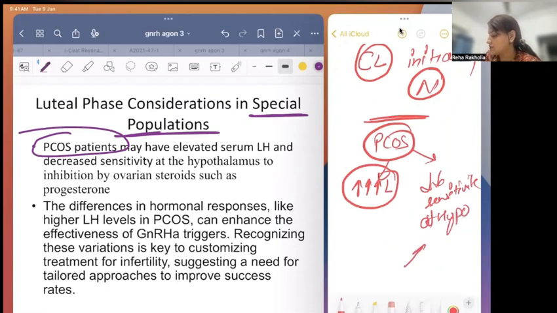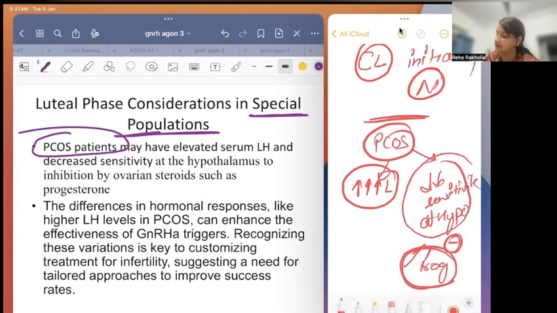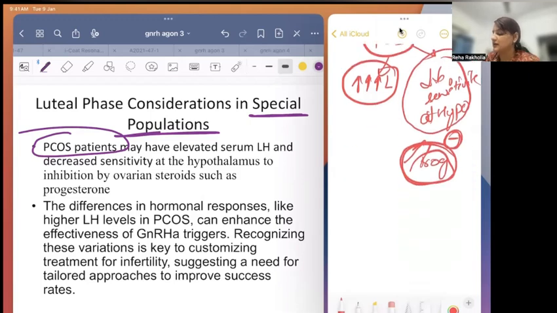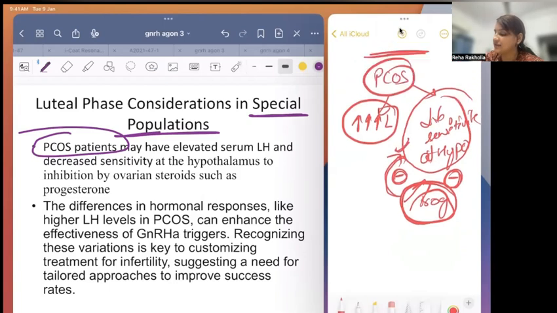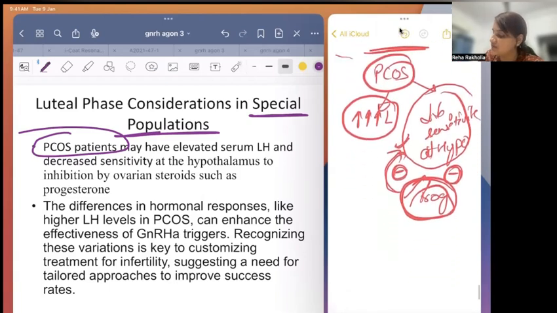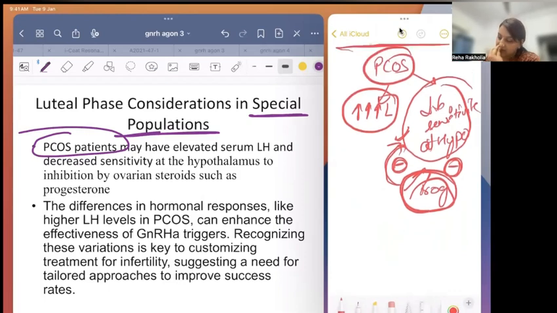When we give progesterone, the hypothalamus should be sensitive to the negative feedback effect of progesterone, but it won't be that sensitive in PCOS patients.